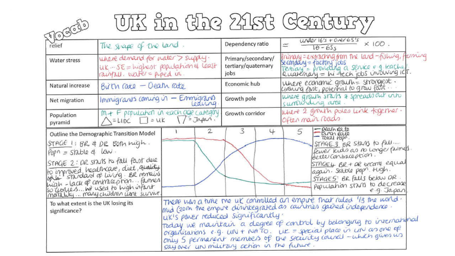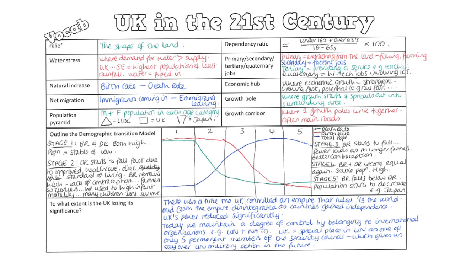So lots of children dying as children. So if they had 10 children, they hope that 2 of them will make it to adulthood. However, more children are starting to survive and the death rate is falling. So this means the population grows rapidly.